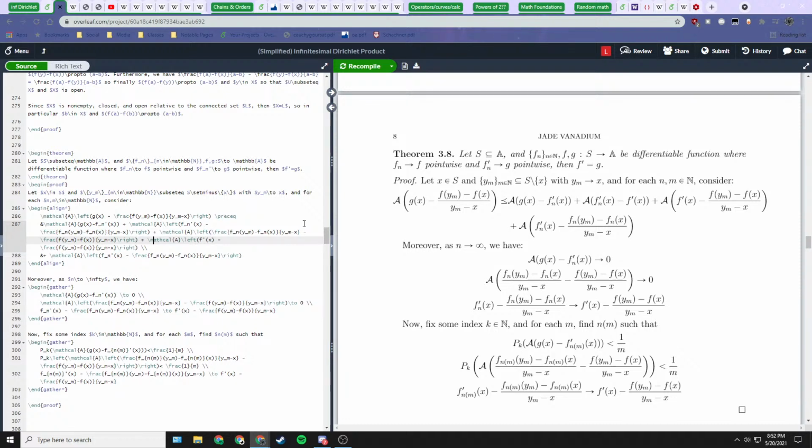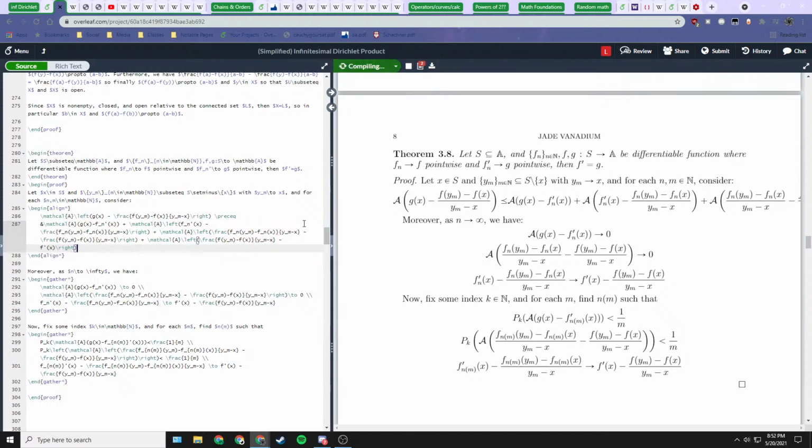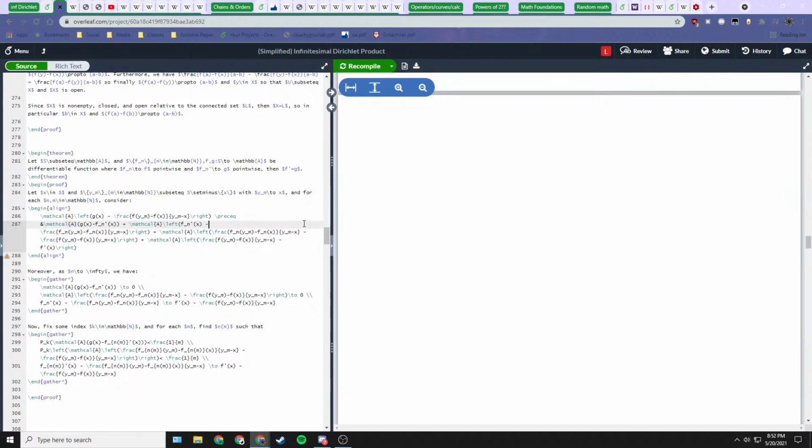And then we go from f's difference quotient to f prime. And the reason that we can do this is because we're assuming that f is differentiable. So we're actually not proving very much for now.